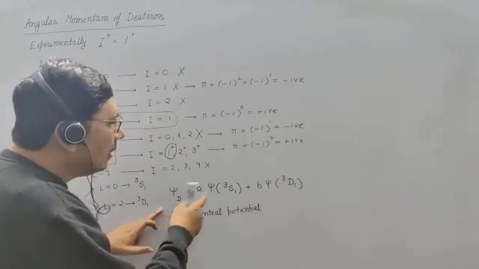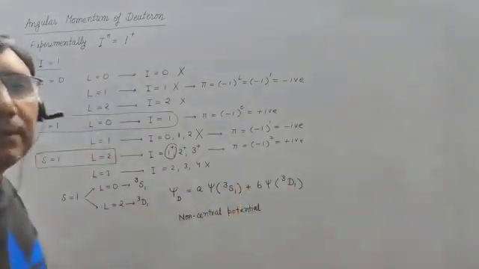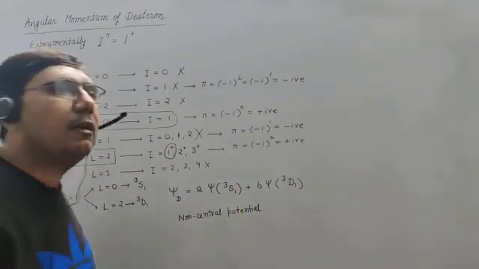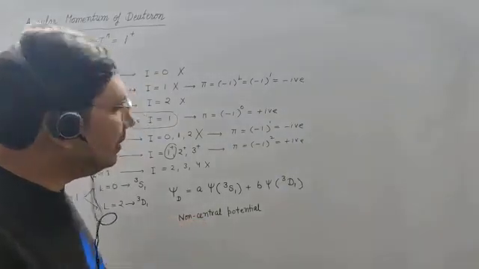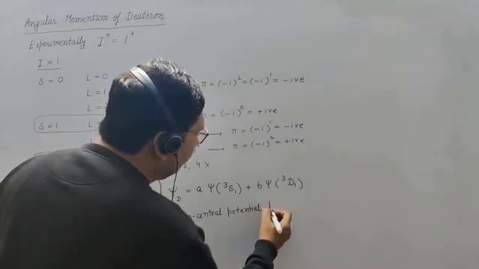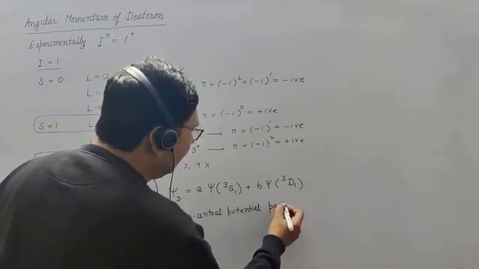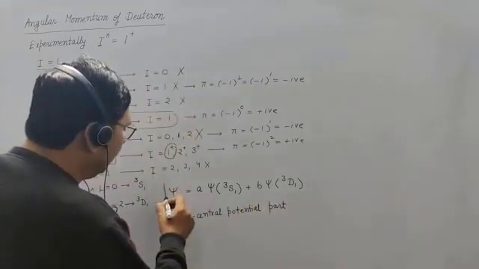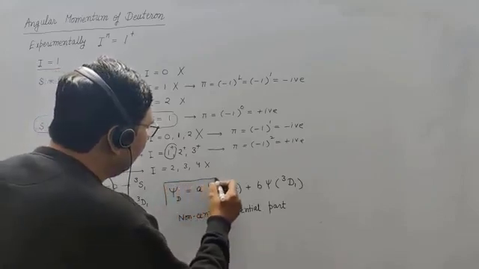Now the question arises, how is this possible? This is possible if our potential, whatever potential we have assumed, has a non-central part. If it has a non-central potential part, then this is possible. So we have concluded two things from here.